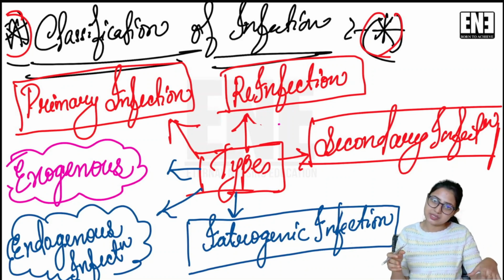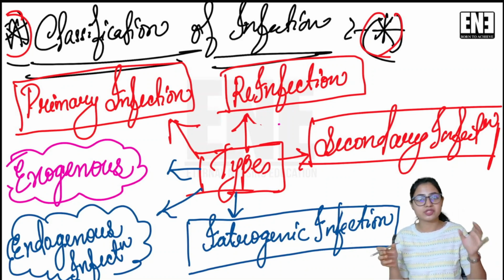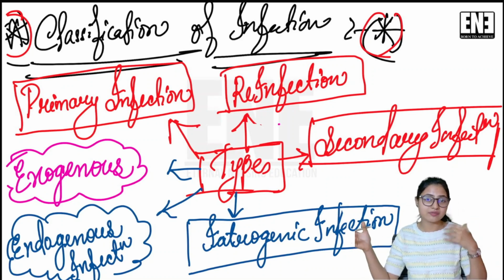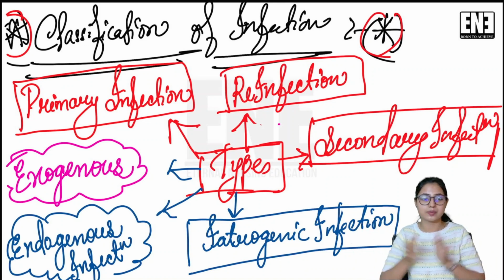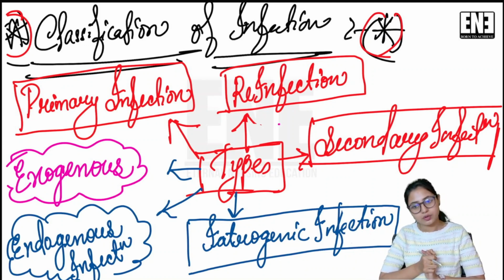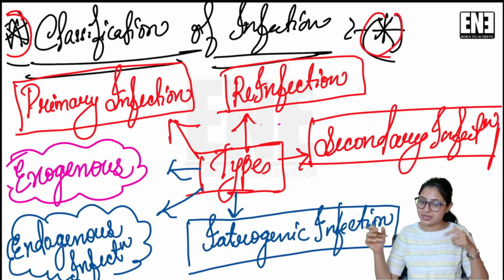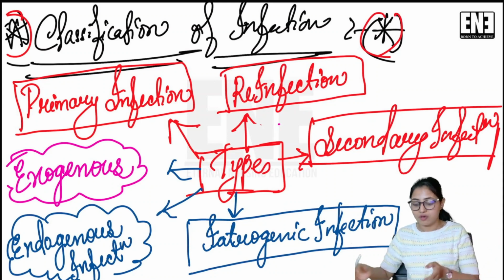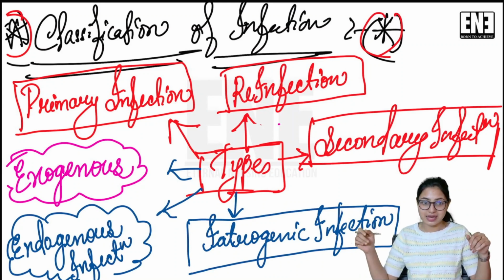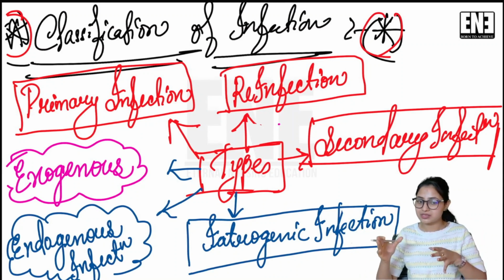And exogenous means the infection which is taking place from outside, some factors जो outside से responsible हैं. Okay, ठीक है. This is not yet all, one more important type of infection is there, which we are going to understand in the next slide. Okay, so I hope you are clear with these types of infection.